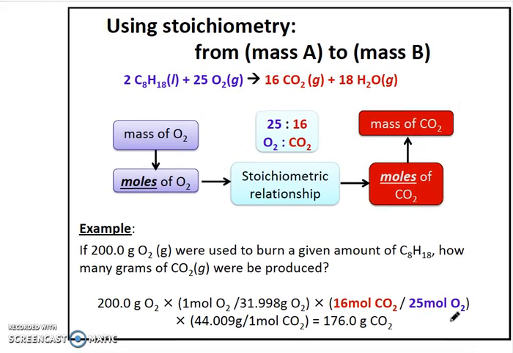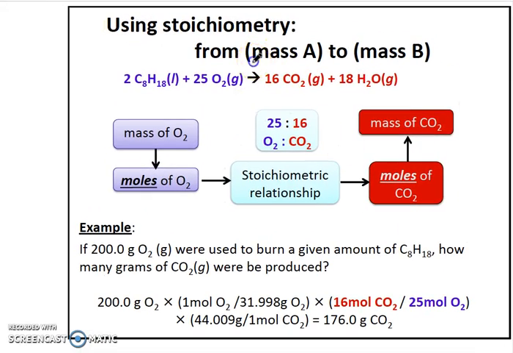Another example could be if we go from the mass of one compound to the mass of a different compound. Since we started with mass and we need to calculate mass, we don't have the number of moles, but since we're using the stoichiometry of the reaction, we need to find the number of moles of the given compound to find the number of moles of a particular product.